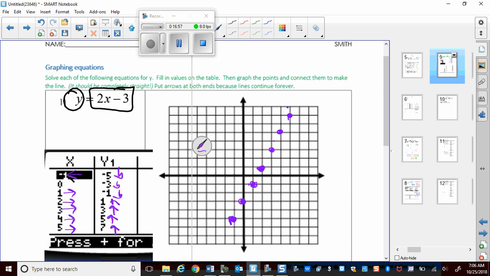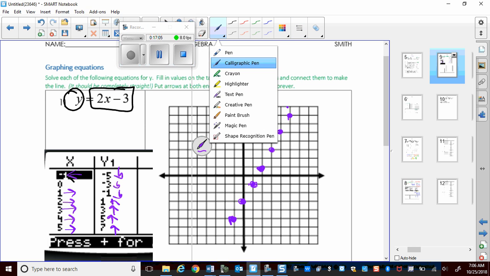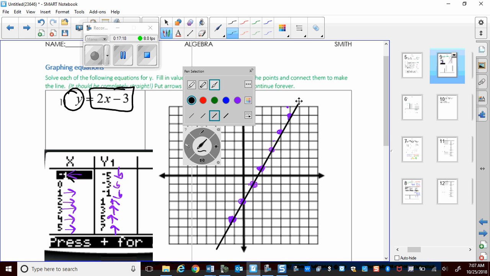So if I'm going to graph this equation, this line, let's find me a line and let's graph it. Okay, here's my line going through all points, and I said before that we like arrows at the end of this line. So here's my arrows.